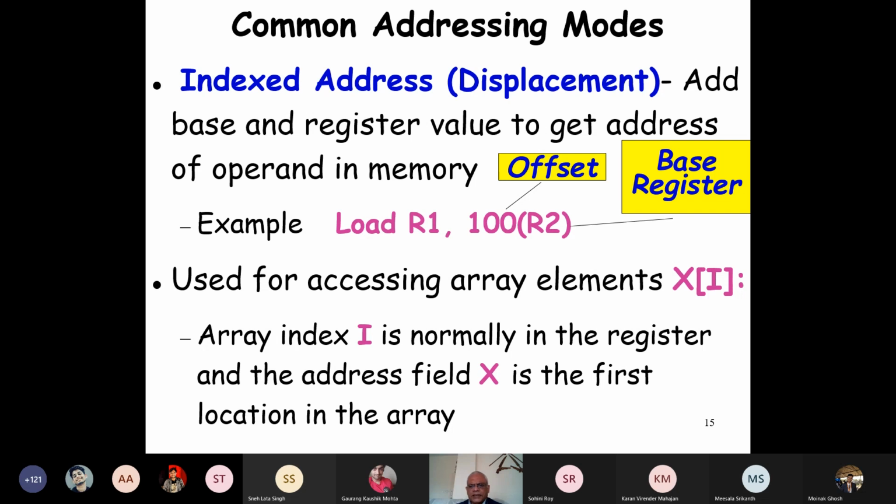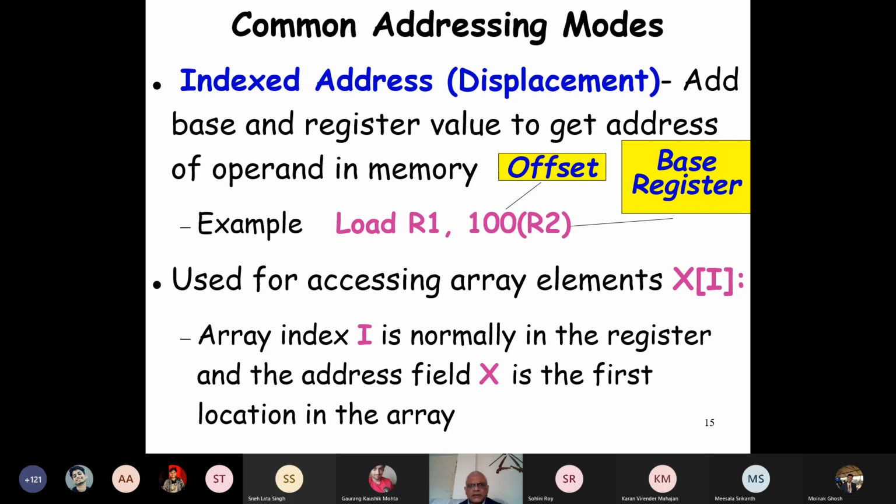If we have an array starting at 100, to access the successive elements of the array, we will initially store R2 as 0, then keep on incrementing R2, and here 100 plus 5 will be fetched into R1, and next time we increment R2 to 1, then 101 will be fetched, and so on.